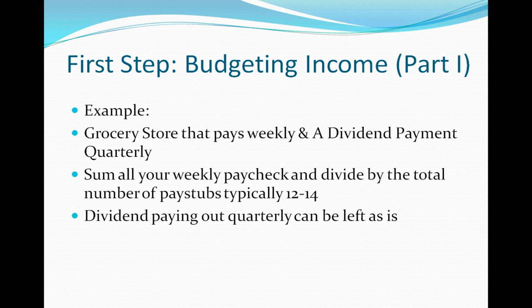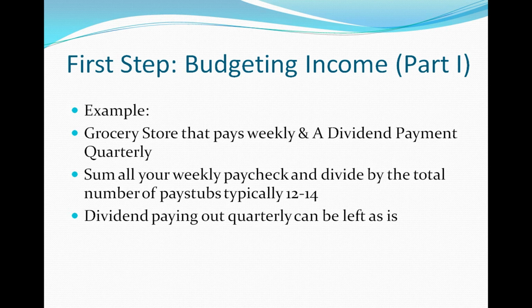Some of you guys may think that that's a little cumbersome to do. So I have an example to explain exactly what I want you to do. We have 2 income sources here. The first one is from a grocery store that pays weekly. And the second one is a dividend payment that's issued quarterly, or every 3 months.